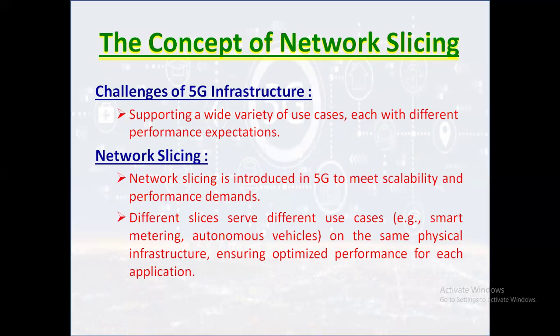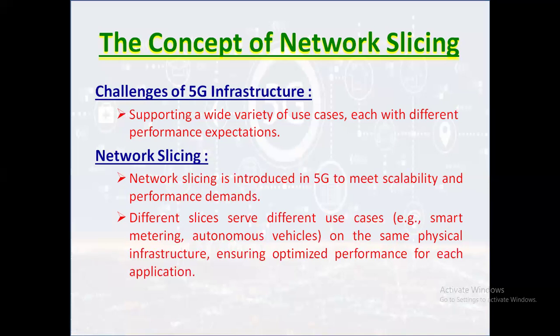Unlike previous generations of mobile networks, 5G must cater to applications that range from simple data transmission for smart metering to complex real-time communication for autonomous vehicles. This variety requires an infrastructure that can accommodate different requirements, especially bandwidth, latency, reliability, and scalability.